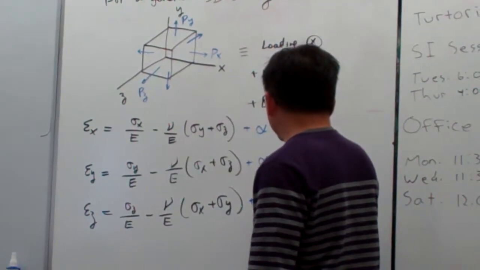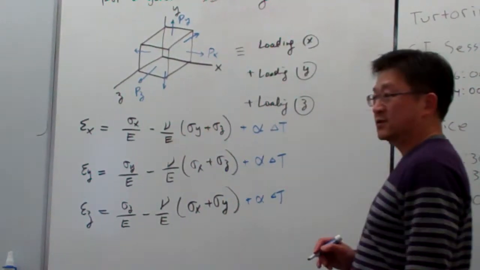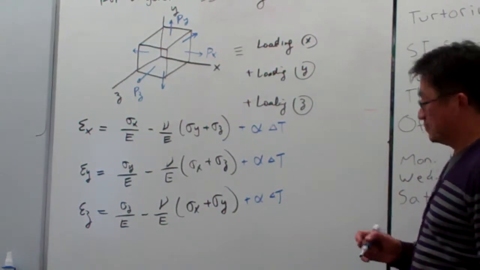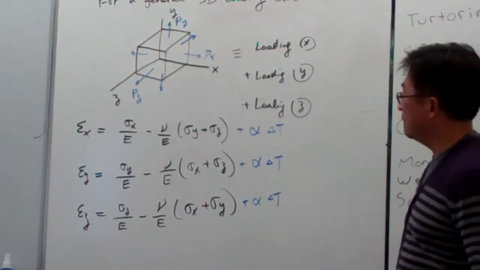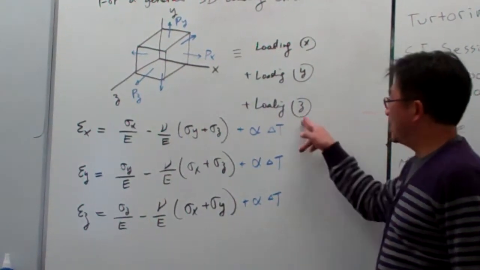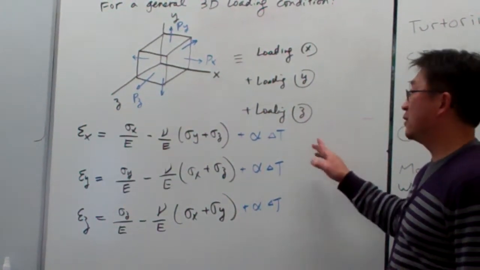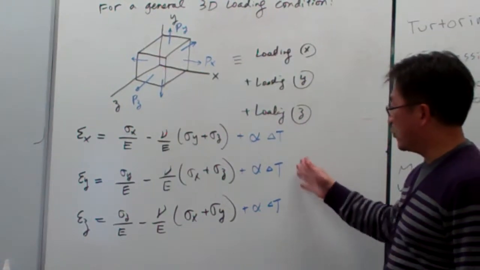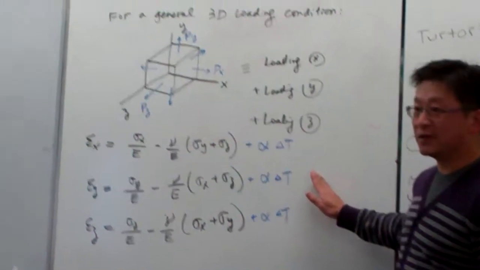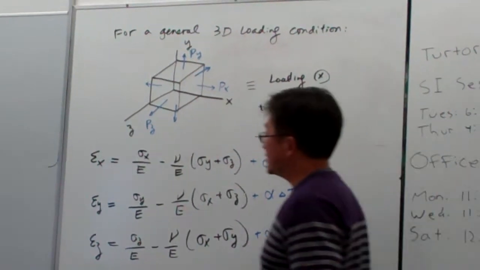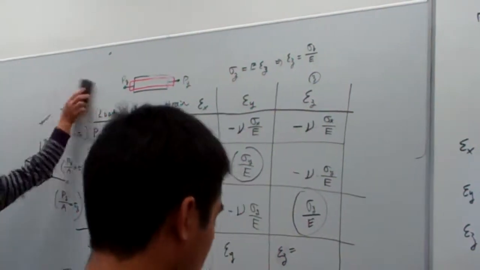That is a very straightforward addition. This is called the generalized Hooke's law. I will keep this equation here, and we can write up some examples to practice it.